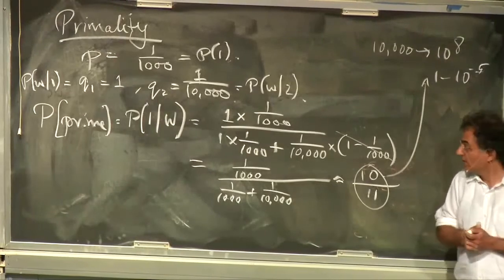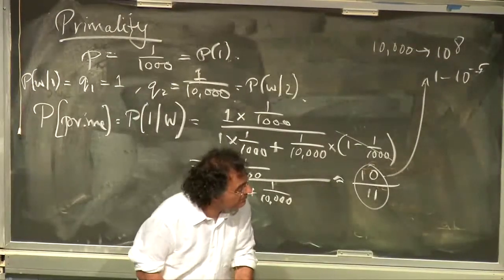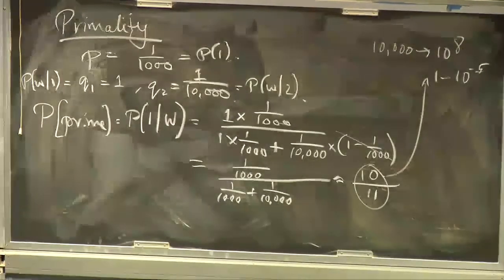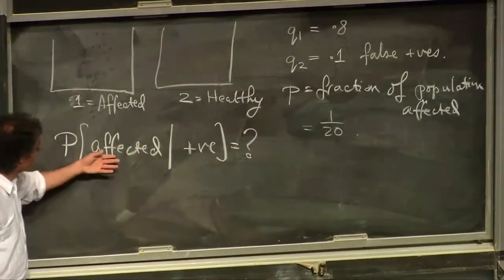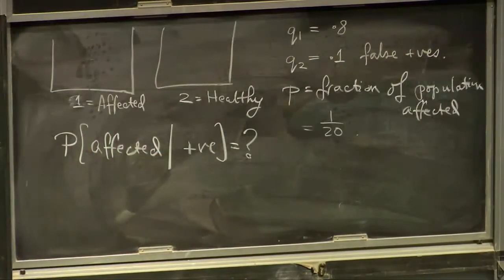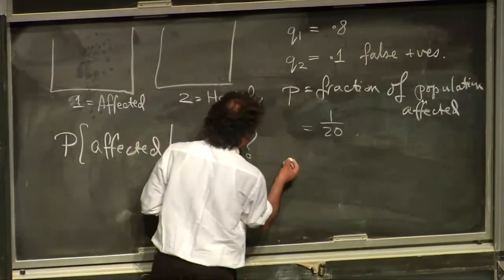Okay, now I won't actually bore you with the calculations, but you can do the same calculations for this drug testing example, and you can work out what's the probability that the person's affected, given that the test comes up positive, and if I remember right, the answer is something like 0.3, maybe.